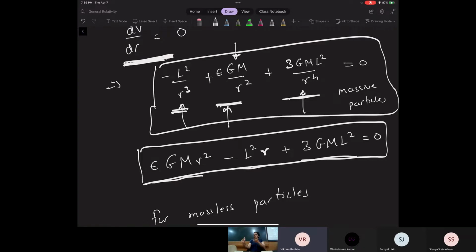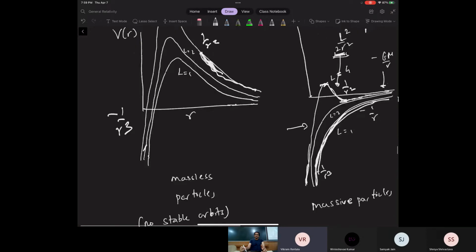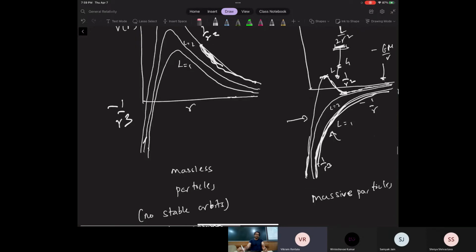If the quadratic equation has roots, which means the discriminant is positive, that means you have a maxima and a minima. If the quadratic equation doesn't have roots, then you don't have a maxima and a minima. That corresponds to the cases that we've seen here, where you don't have a maxima and a minima, versus later when at large values of L you develop a maxima and a minima.